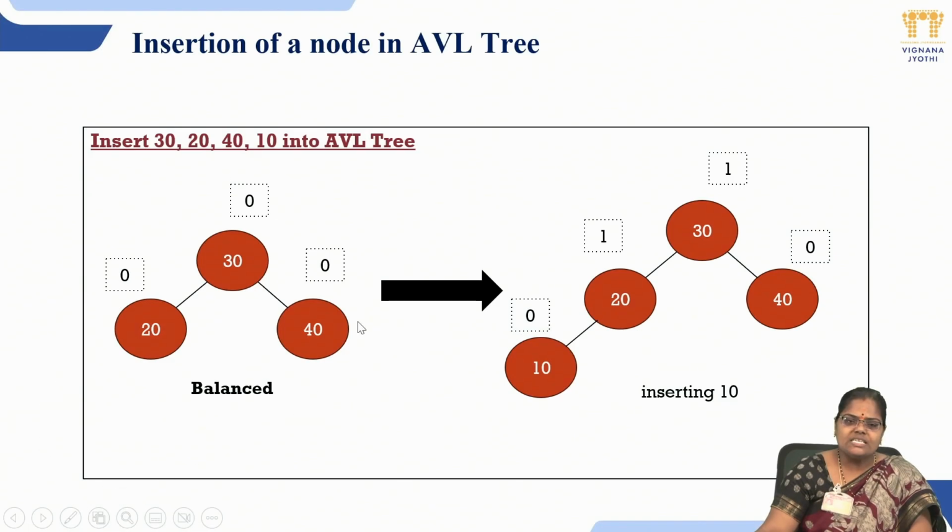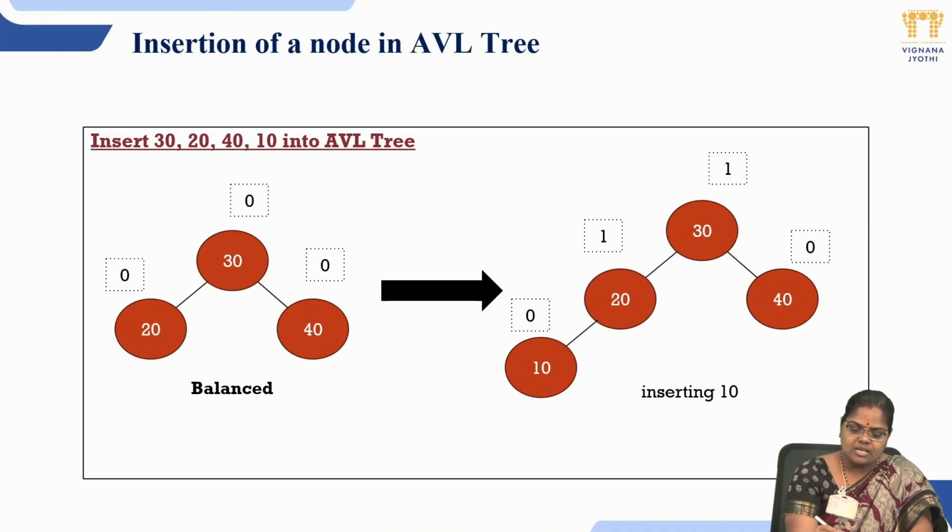Okay, so this is an example of an already created balanced tree for which we are inserting a node 10. After insertion of the node 10, as per the binary search tree property, the node 10 will be a left child for node 20, wherein the balance factors calculated after insertion will be like this, which indicates that it is a balanced tree.